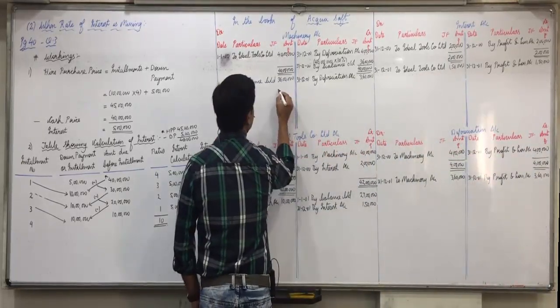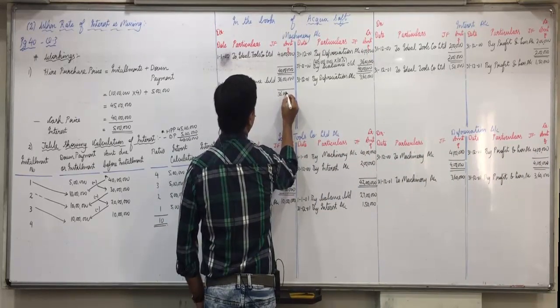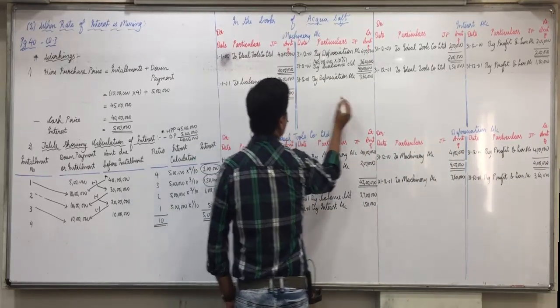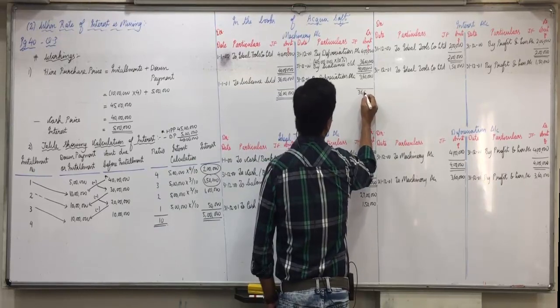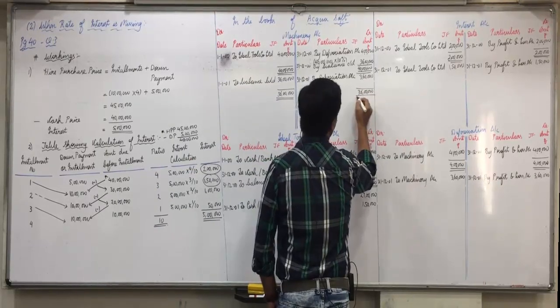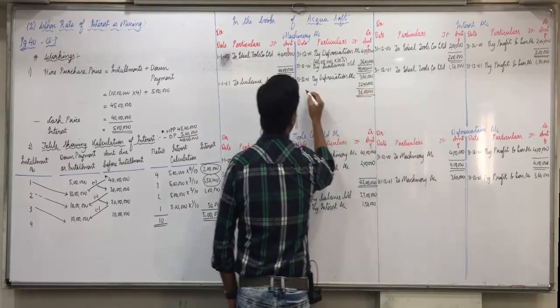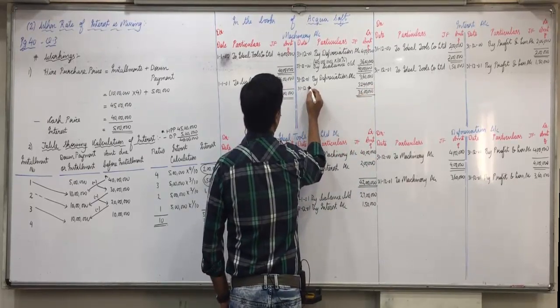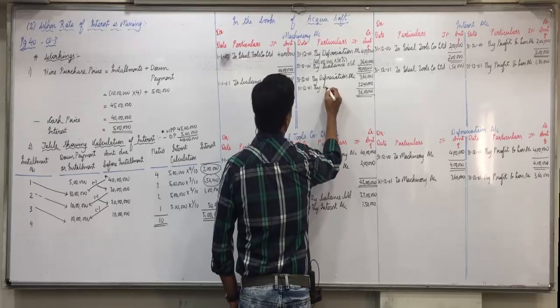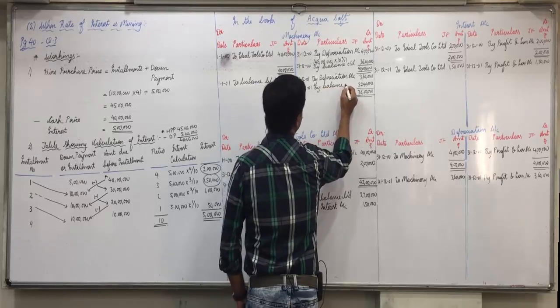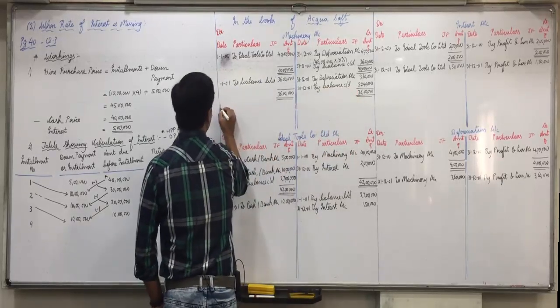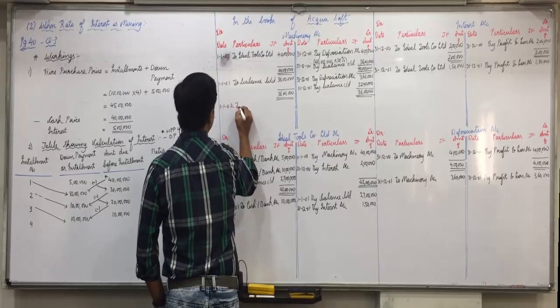Now balancing. 36 lakhs minus 3,60,000, so 32,40,000. 31/12/01 by balance carried down. Opposite side, balance brought down.